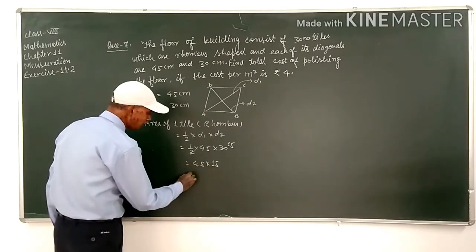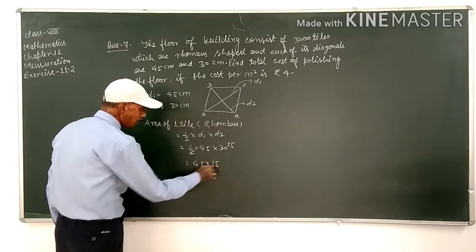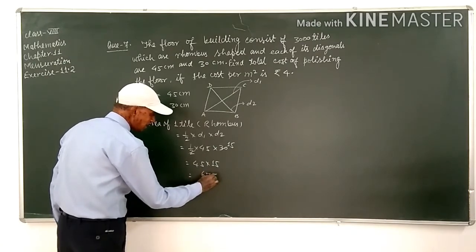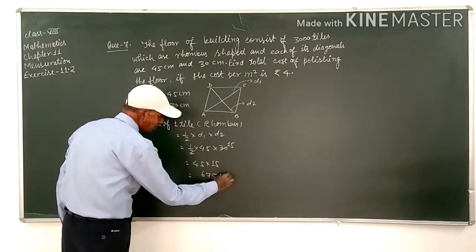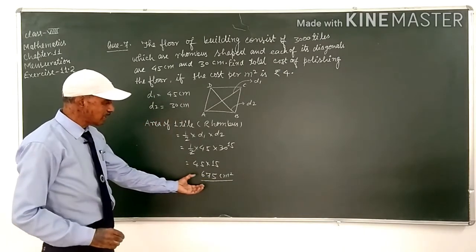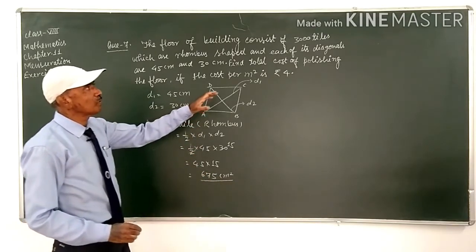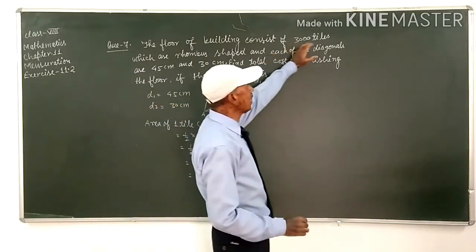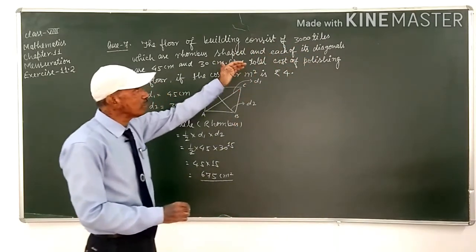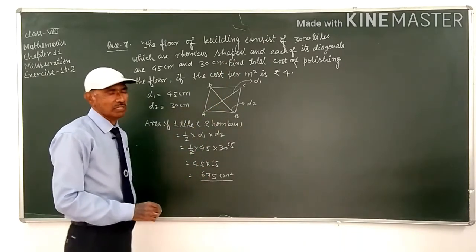This will be 675 centimeter square. The area of one tile is 675 centimeter square, students. Now we have to find out the area of 3000 tiles, because the floor consists of 3000 tiles. So we have to find out the area of 3000 tiles.